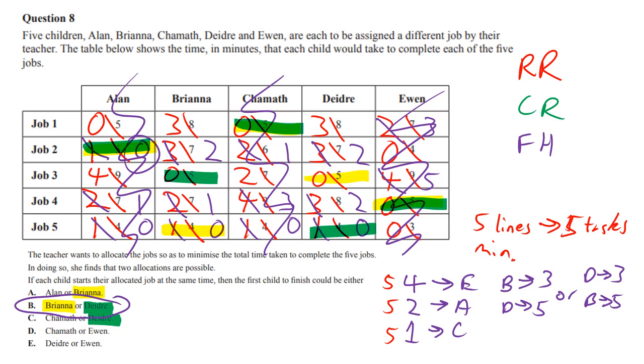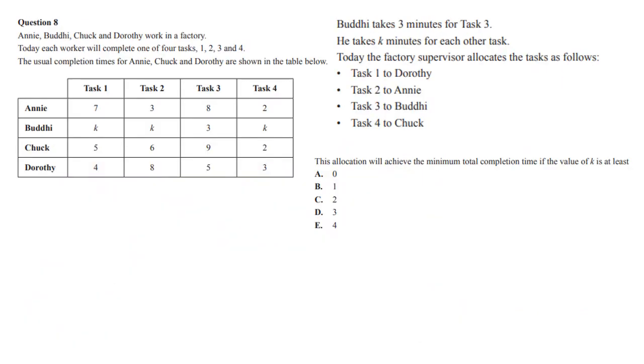If Brianna gets 3, then it's 5, and Deirdre is going to get the 4, or Deirdre got job 3 and she was 5, and this one was 4, and that's why we had that answer. Whew, done. Okay, question 8.